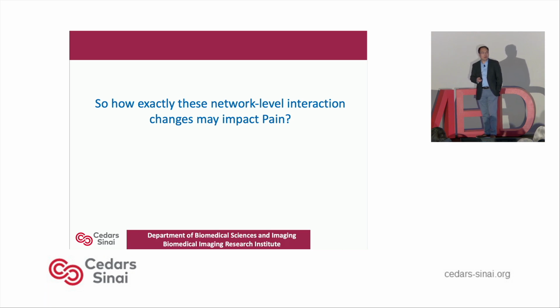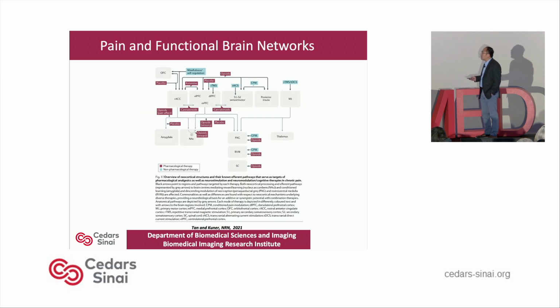There are existing studies, not from our group, from other groups, and this is actually a review paper showing the common brain regions that I think we have a consensus on as involved in pain processing. Although this is more from the traditional fMRI tasks, these are individual regions.